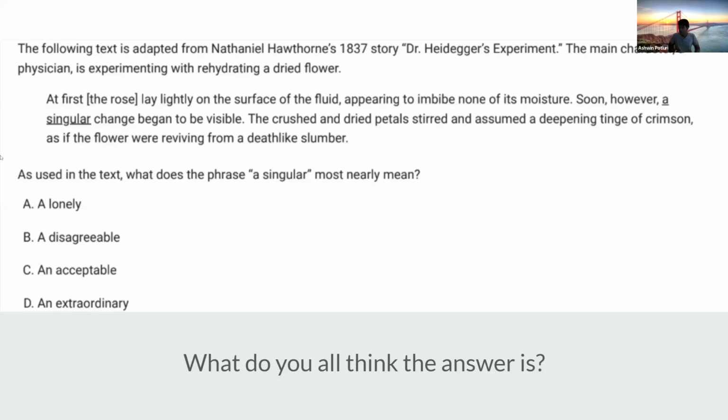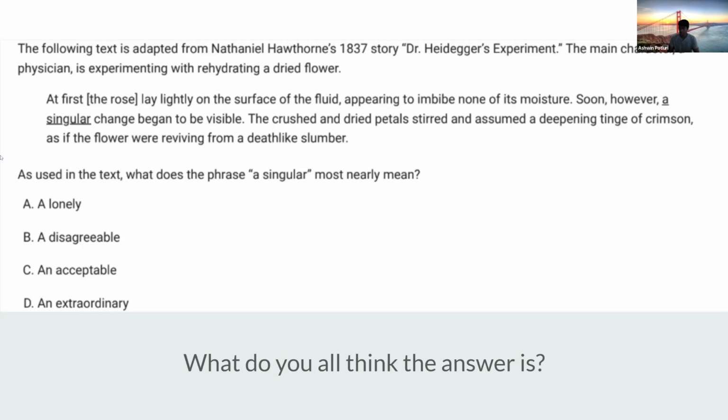So once again, we'll apply those same rules: process of elimination, and obviously understanding the emotion and the tone of the sentence, being able to understand the feeling of the sentence, whether it is positive or negative. So let's read through it. At first, the rose lay lightly on the surface of the fluid, appearing to imbibe none of its moisture.